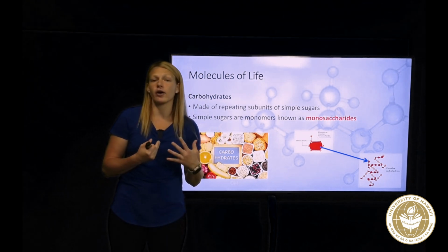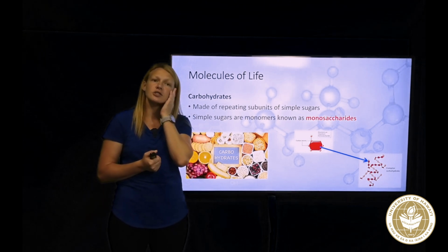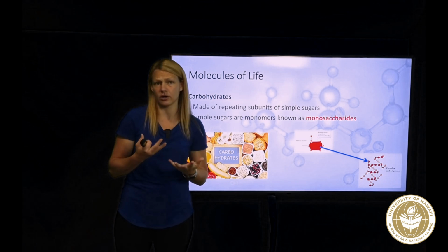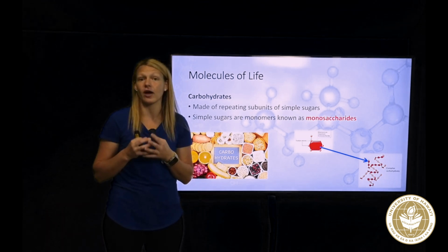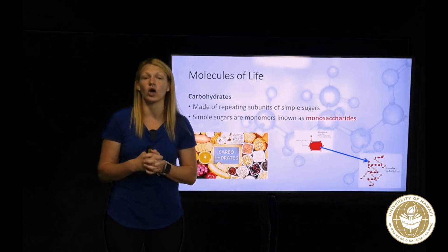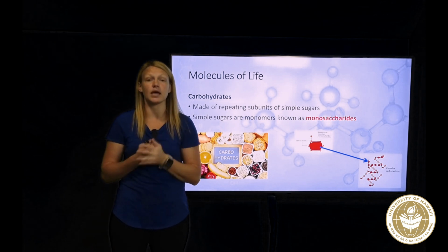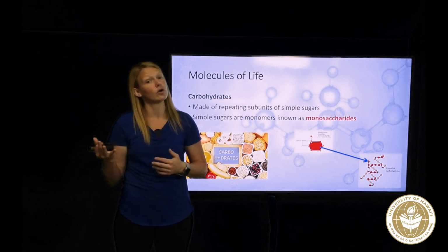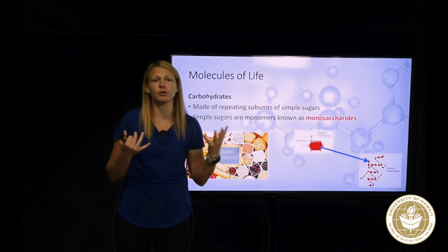So the most common example of a monosaccharide would be glucose. It is a monosaccharide, again, meaning one sugar or simple sugar, and it's rarely found in food on its own. It's usually going to be in food as a polysaccharide or a disaccharide along with another sugar. So a disaccharide is going to be composed of two different types of sugars, so glucose and another type of simple sugar.